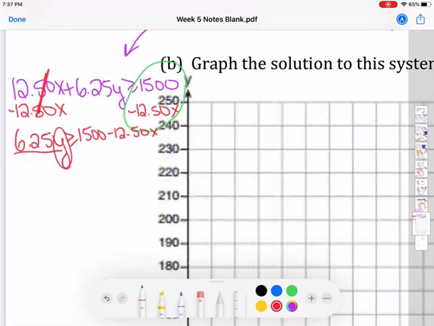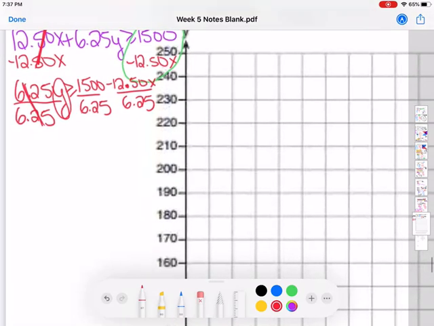Okay, last step to get y by itself, it's being multiplied by 6.25, so I'm going to divide everything by 6.25. So now these cancel out. We're going to end up with more space now. So y is greater than or equal to 1,500 divided by 6.25 is going to be a nice number.